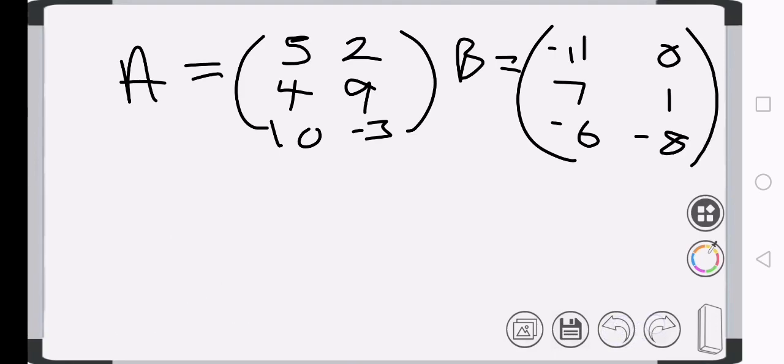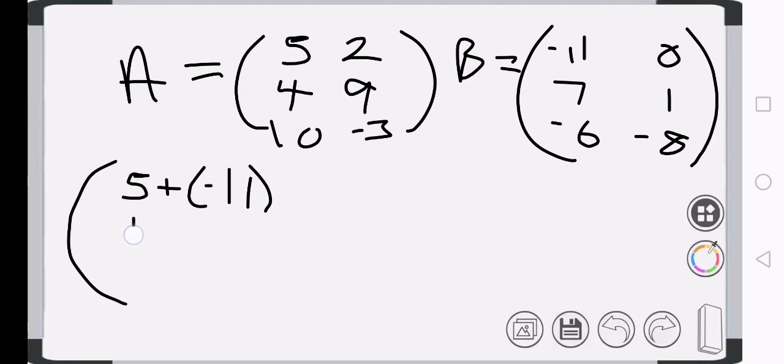So how does this adding take place? You use the corresponding elements. So in this case, it's going to be 5 plus -11, 4 plus 7.